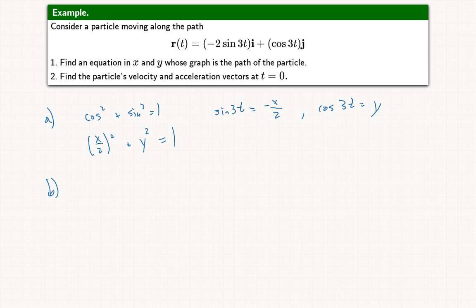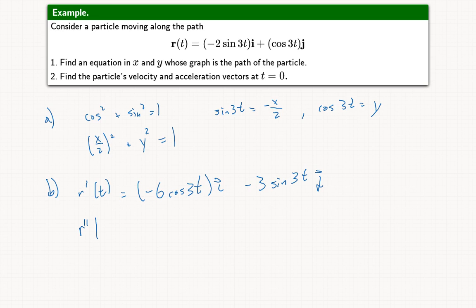Then for part B, we want to find the velocity and acceleration vectors at time t equals 0. So to differentiate a vector function, we just take the derivatives of the component functions. So r prime of t will be -6 cos 3t times i minus 3 sine 3t j.